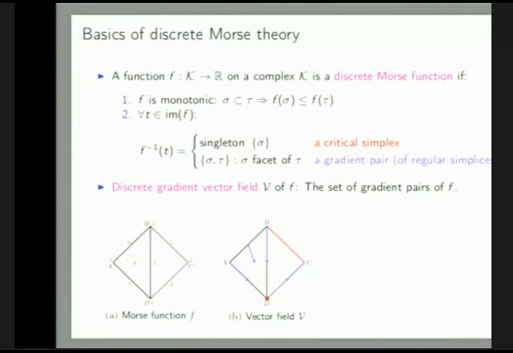But it just so happens that the real object of interest here is the gradient vector field, and this has all the gradient vector fields. In the original definition, if sigma is a face of tau, then f of sigma can also be greater than f of tau. Here it's not possible.